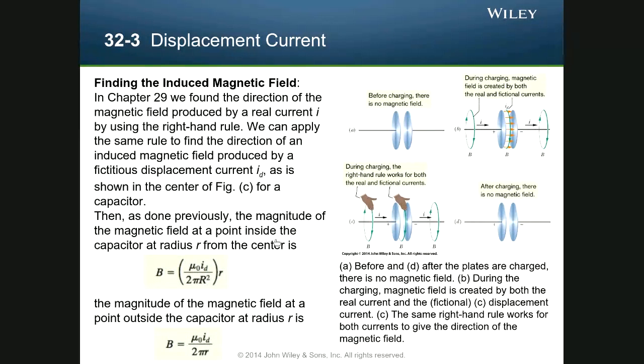So if we look here, we can find that outside of the capacitor, the magnetic field will just be equal to B over I_D. You can use Ampere's law, and you'll notice that to find these magnetic fields, you're just using Ampere's law, or the Ampere-Maxwell law.